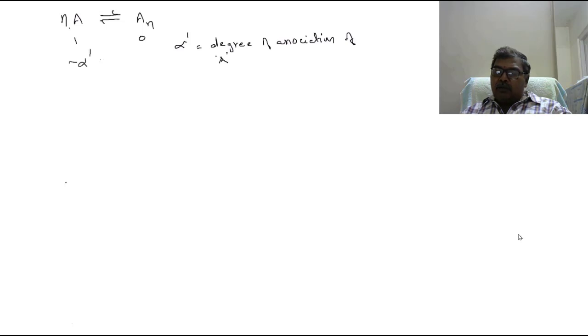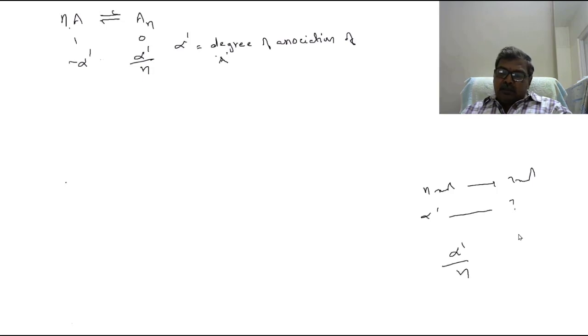N moles will give 1 mole, alpha dash moles will give alpha dash by N. Clear? N moles will give 1 mole only. So alpha dash moles will give how many? Alpha dash by N. Is it not?